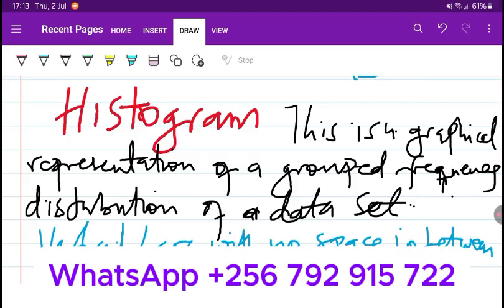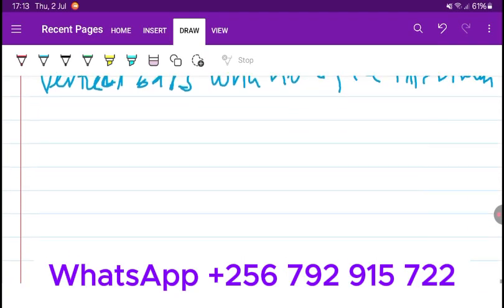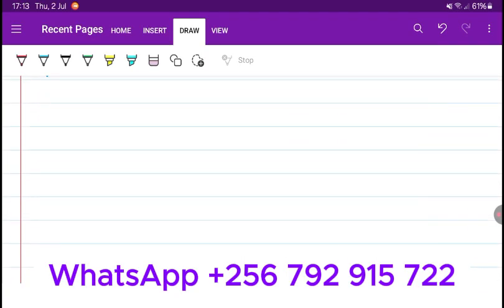Now someone may ask: what if I have a frequency of 0? We are saying these are bars and each bar has a base, the width, representing the class. What if this bar has no frequency, like the frequency is 0?